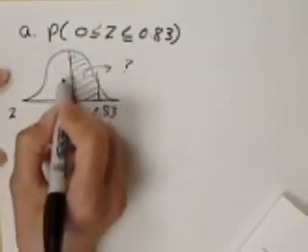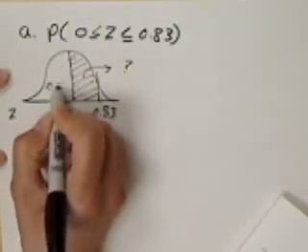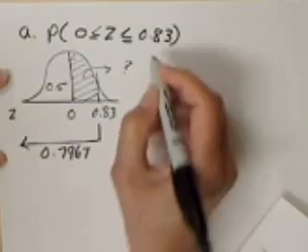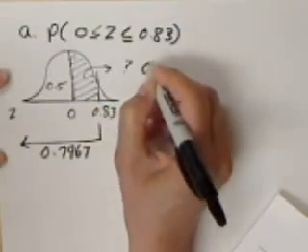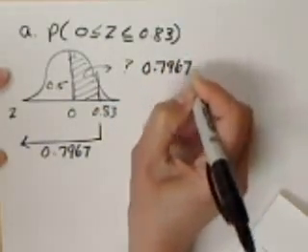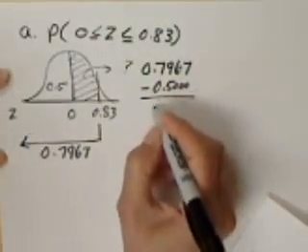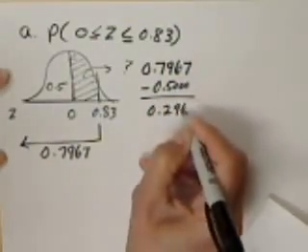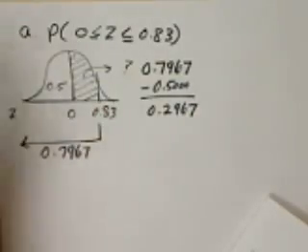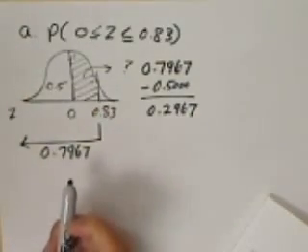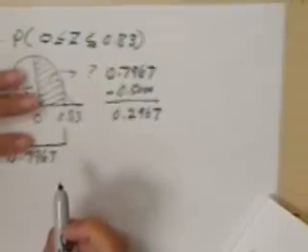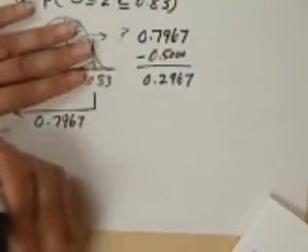Since we know this left half of the curve is 0.5, with a simple subtraction, we can find the answer, which would be 0.7967 minus 0.5. And that should give us 0.2967.